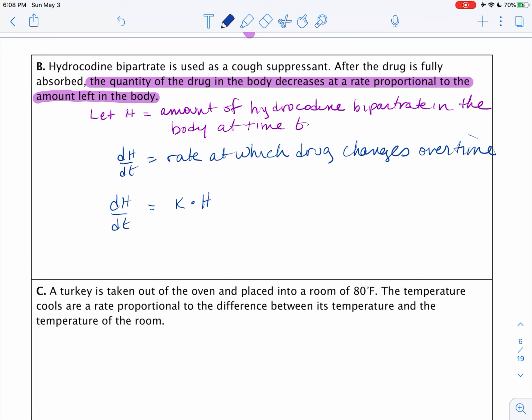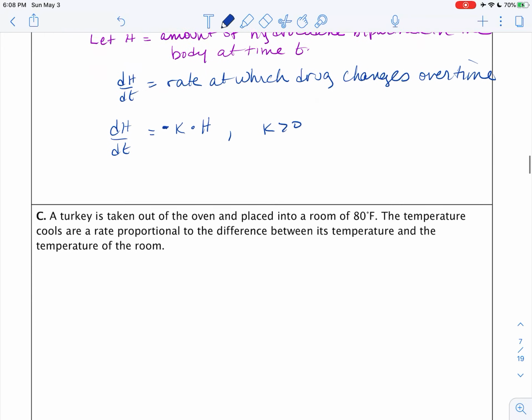But I want to point out we're saying decreases, so you might want to add a negative sign here to make sure that your rate of change is negative. Because if you've got a rate of change that is negative, you know your original function is decreasing according to that first derivative test. So we want to highlight that, and you can say where k is bigger than 0, right? So then you have that negative. All right.